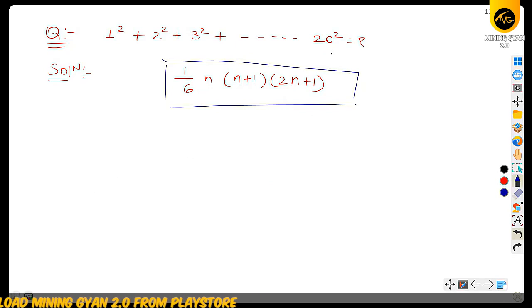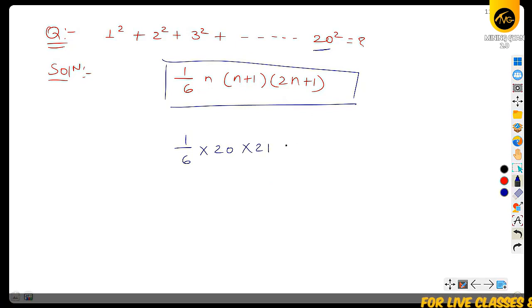N is 20. So 1 divided by 6 into 20 into 20 plus 1, that is 21. Now multiply 2 into 20, that is 40, plus 1, 41.